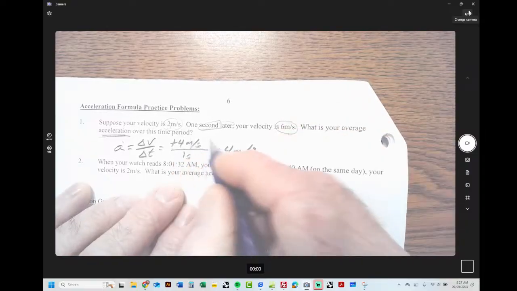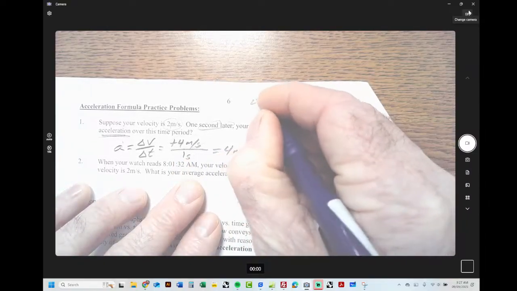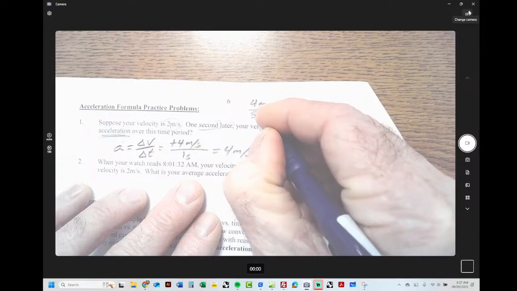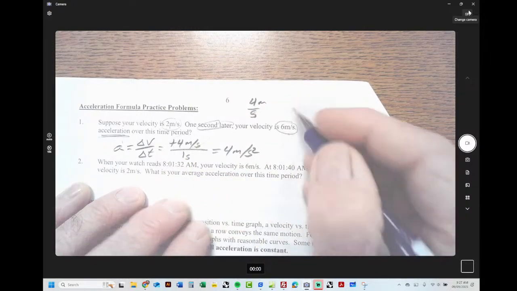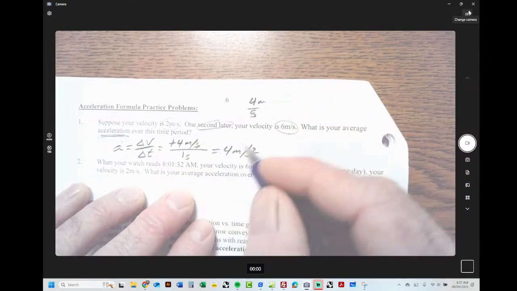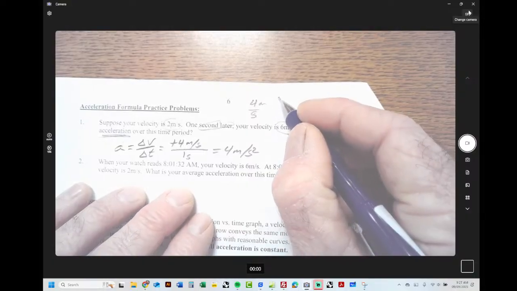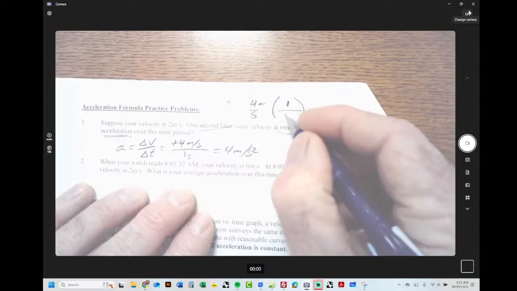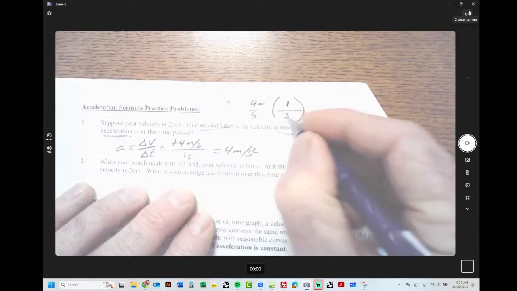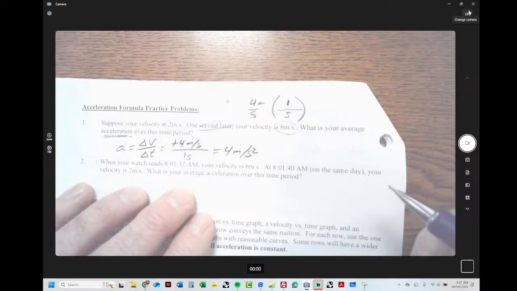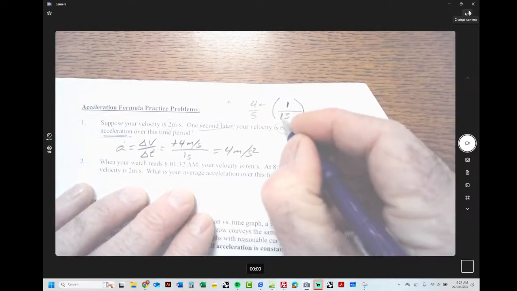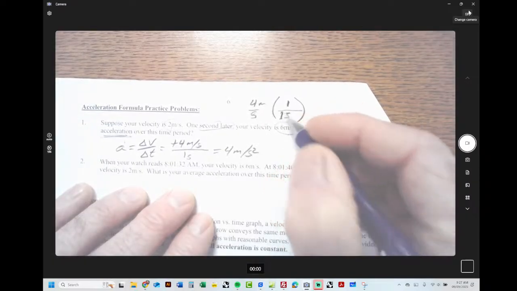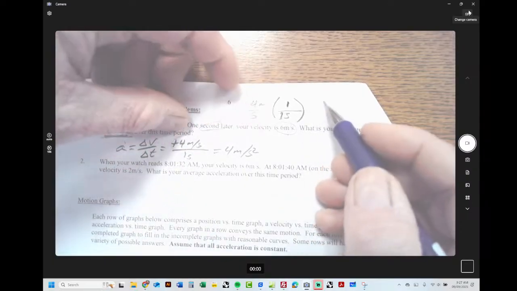So I'm going to write 4 meters per second this way. This is sort of what's on the top. And I want to divide it by 1 second. But I need to flip that. So 1 second flipped is like this, 1 over 1 second.